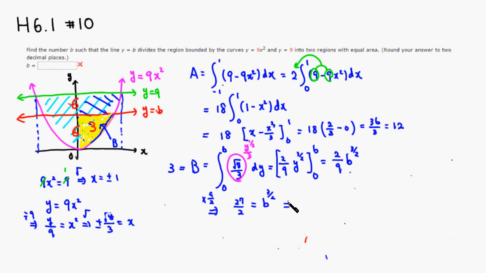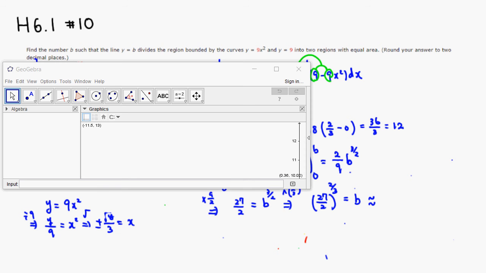Raising both sides to the 2/3 power, we get 27 over 2 raised to the 2/3 power is equal to b. Let's find this value using GeoGebra: 27 over 2, raised to the 2/3 power.